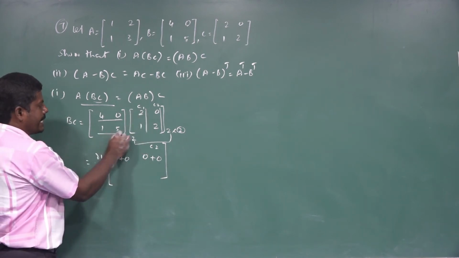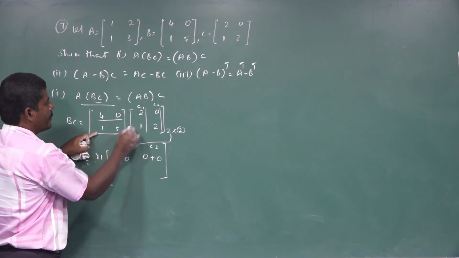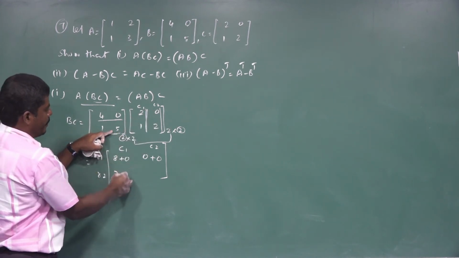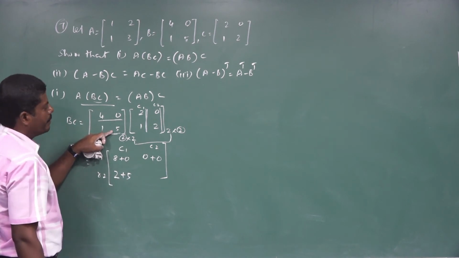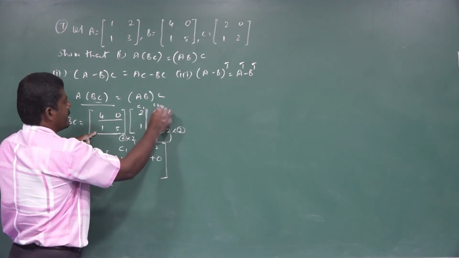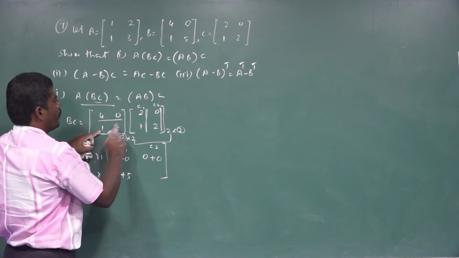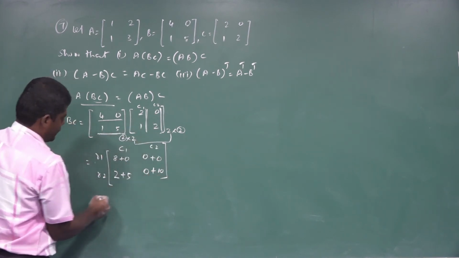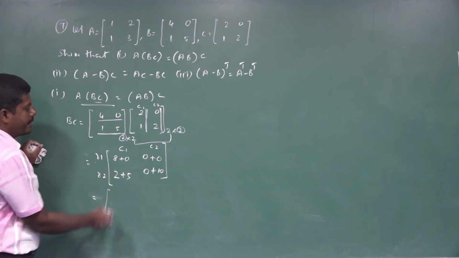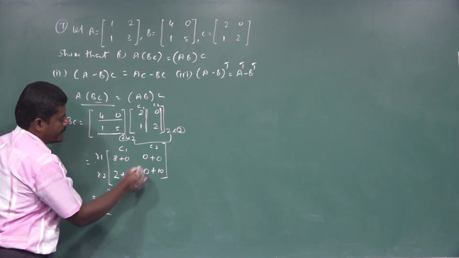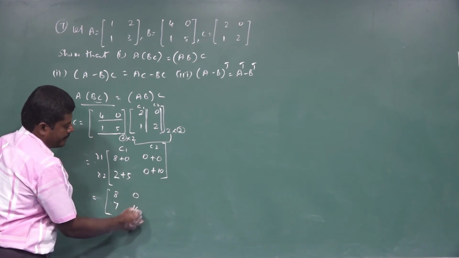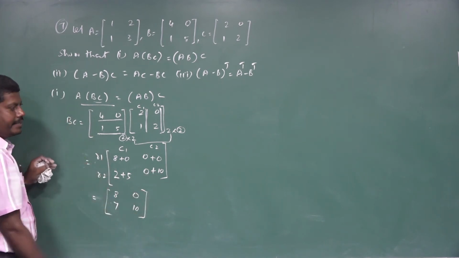Next you take the second row, first column. 1 multiplied by 2, 2. 5 multiplied by 1, plus 5. Next the second column: 1 multiplied by 0, 0. 5 multiplied by 2, 10. Multiplication is over. 8 plus 0, 8. 0 plus 0, 0. 2 plus 5, 7. 0 plus 10, 10. This is BC.